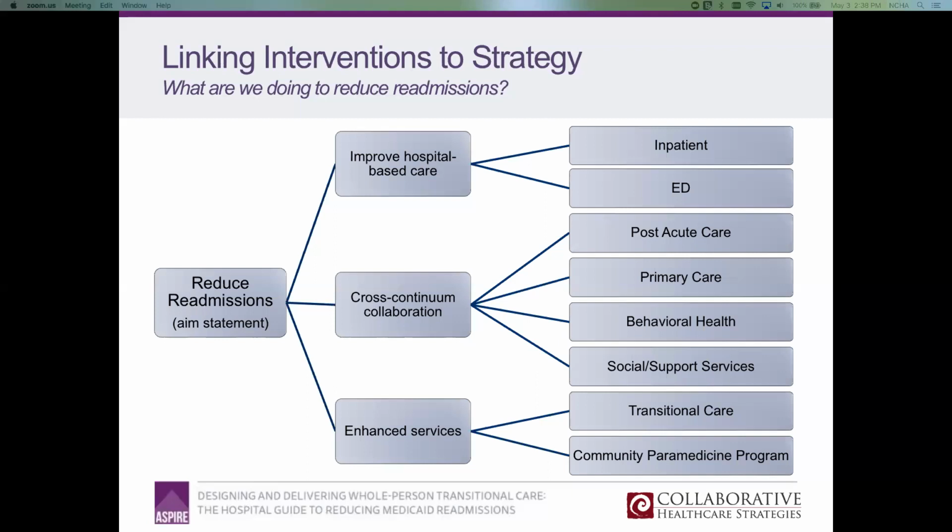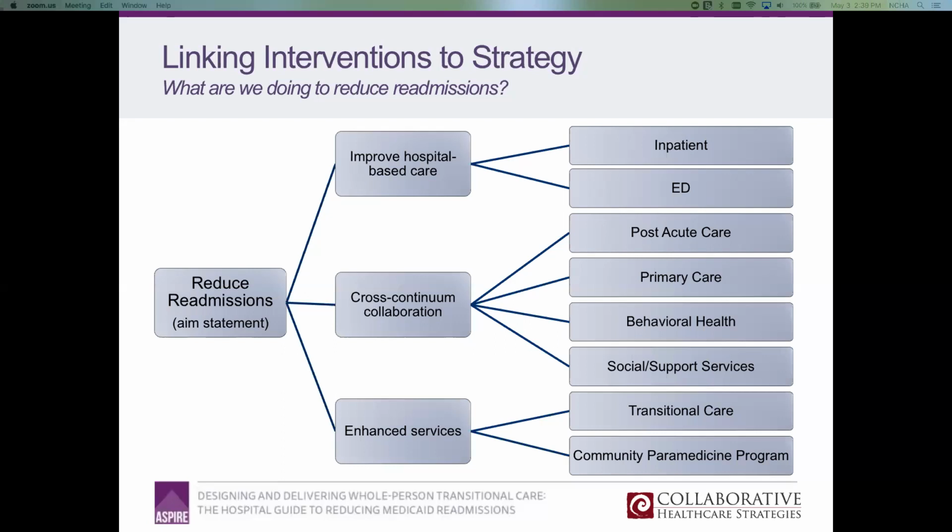Transitional care by definition is usually that 30-day bridge, or something in the redesign space, which might be community paramedicine, which I've learned that some communities in North Carolina are doing, et cetera. So that's the archetype, a basic scaffolding of a readmission reduction driver diagram.